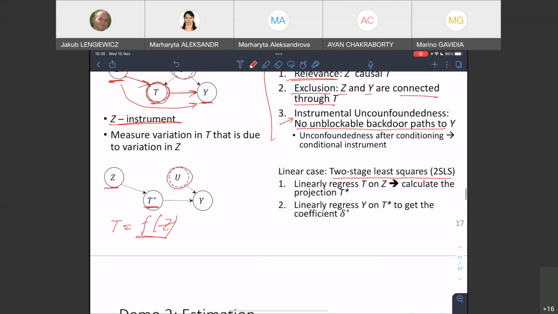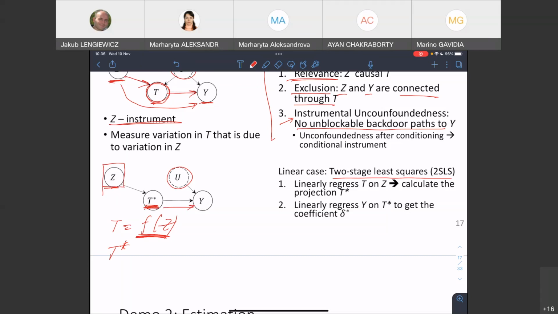Then we'll use this model to predict the new values of t from the observed value z. I will show a demonstration, maybe it will become clearer. And then we will use this predicted value to estimate the causal effect on y.